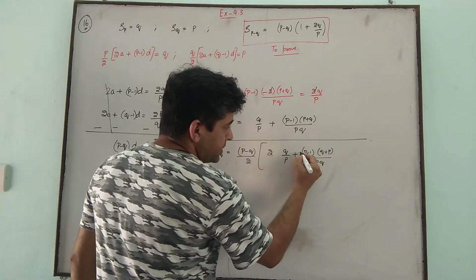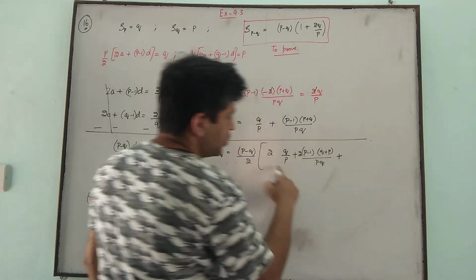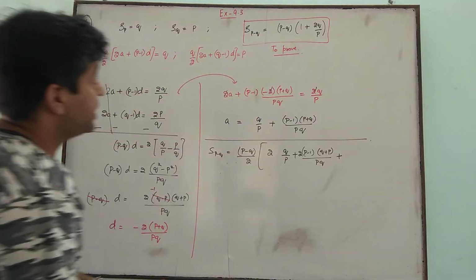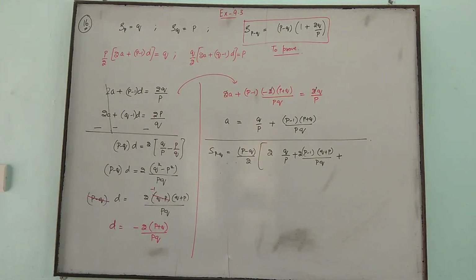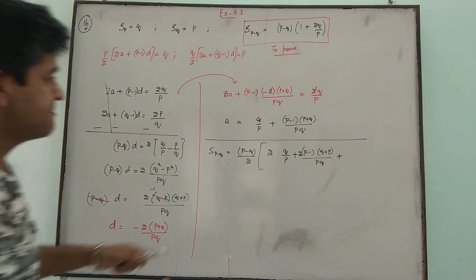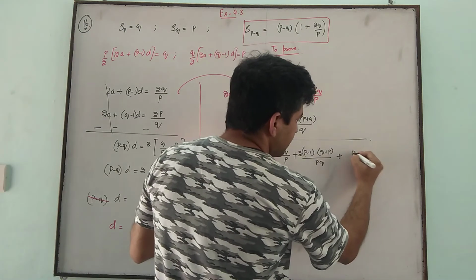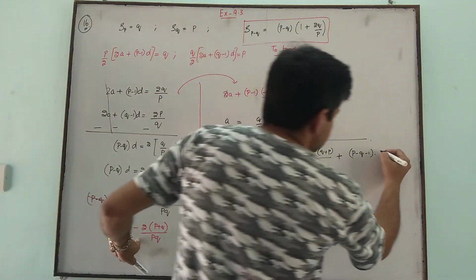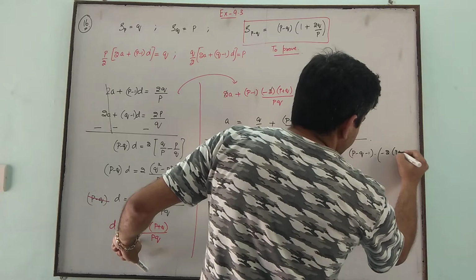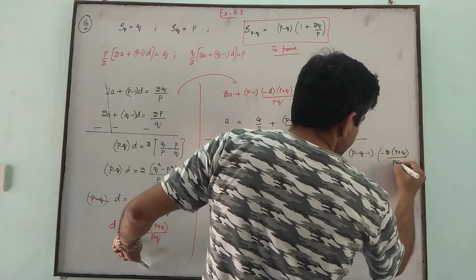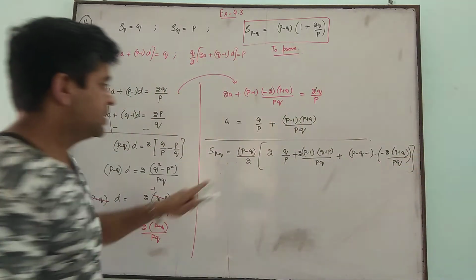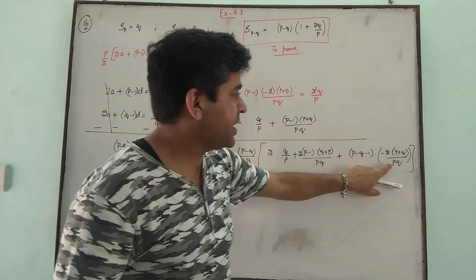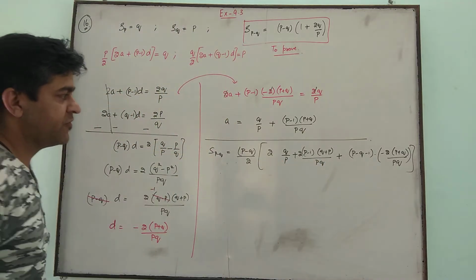If you open the bracket, 2a plus (n minus 1) into d, with n as p minus q, and this is n upon 2 into 2a plus (n minus 1) into d, and you just need to simplify this.